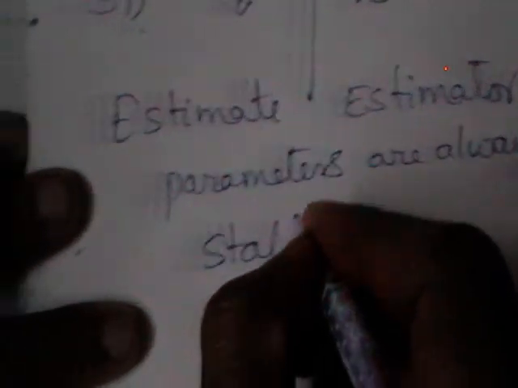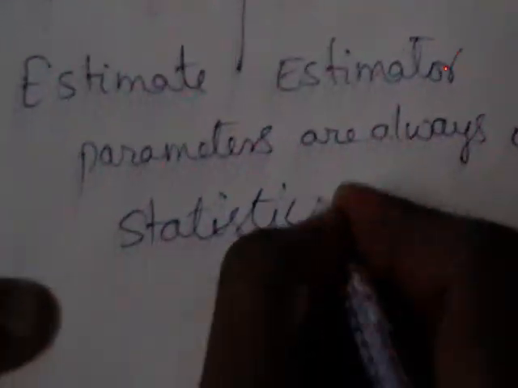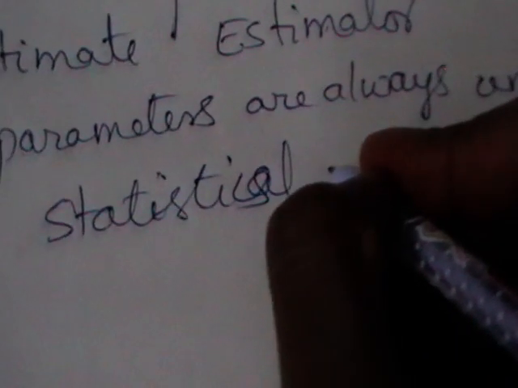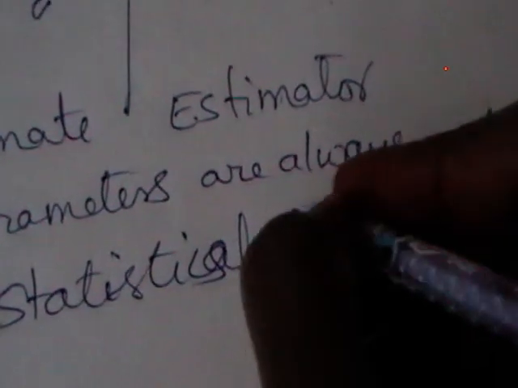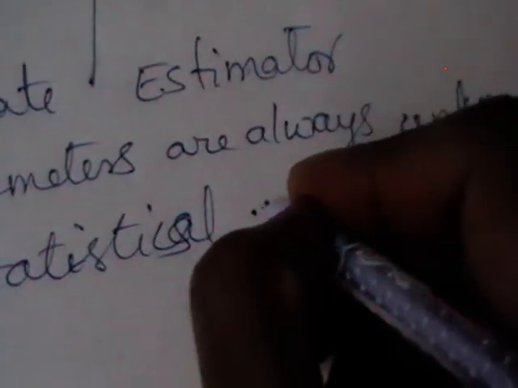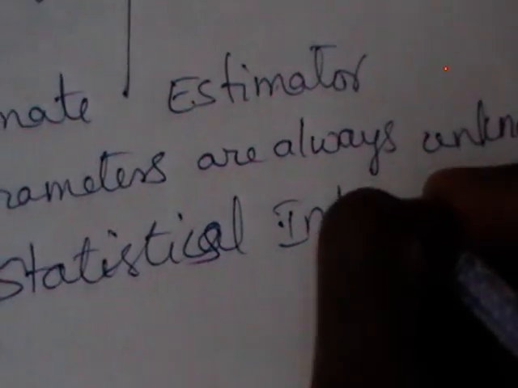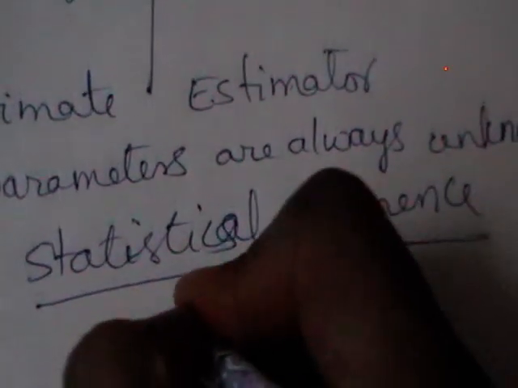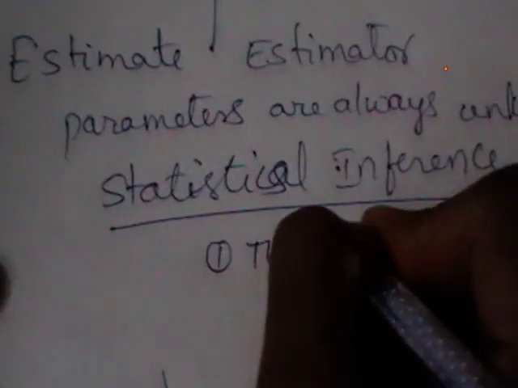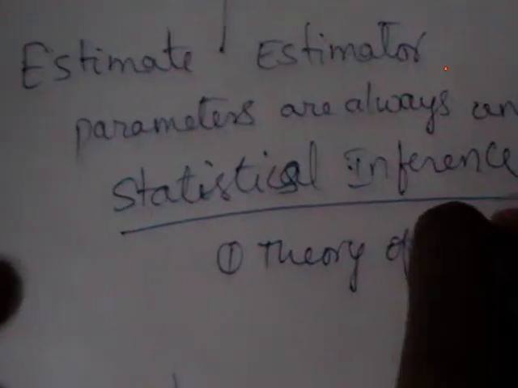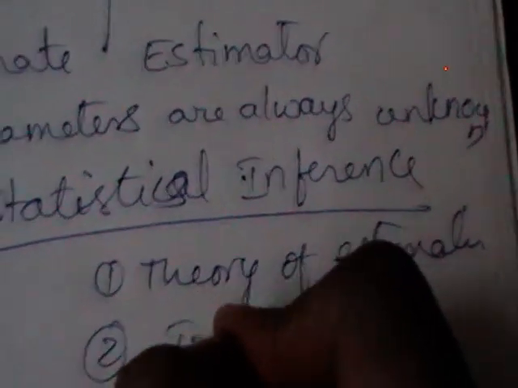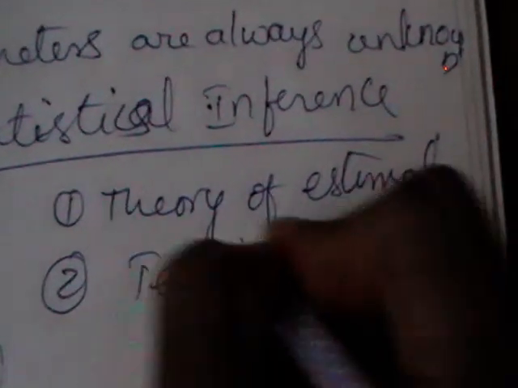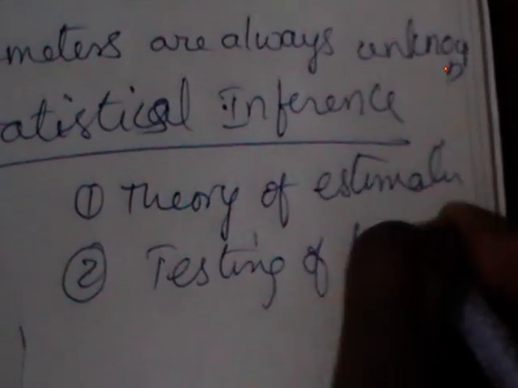Now let us go to our Unit 4, the theory of estimation. All these are common or necessary terms to be discussed for the later topics. Statistical inference consists of 2 parts: theory of estimation, and the next one, testing of hypothesis.